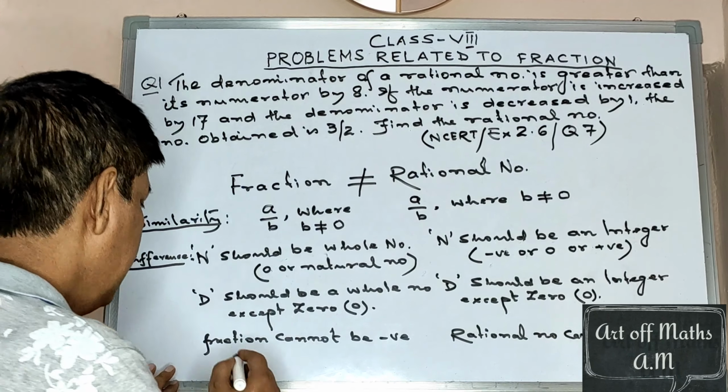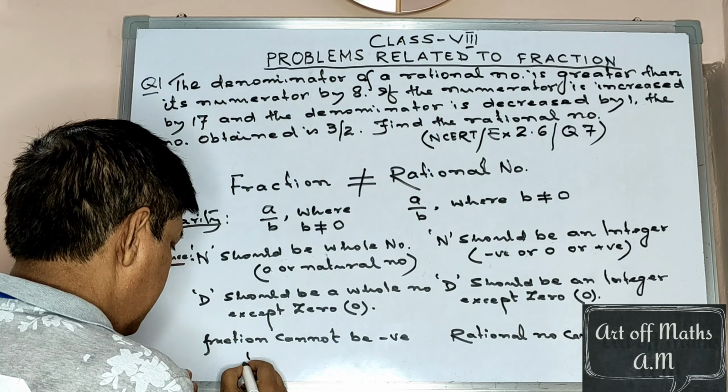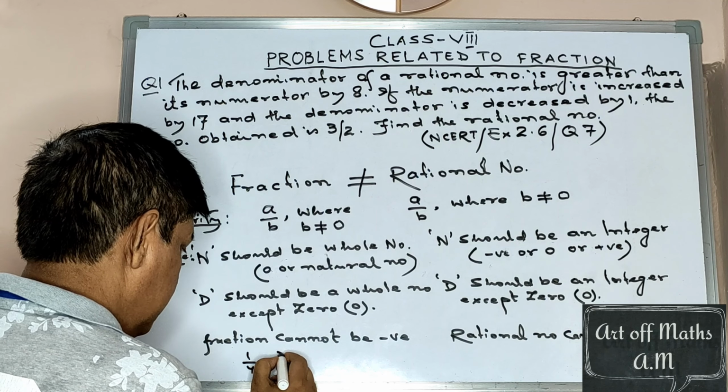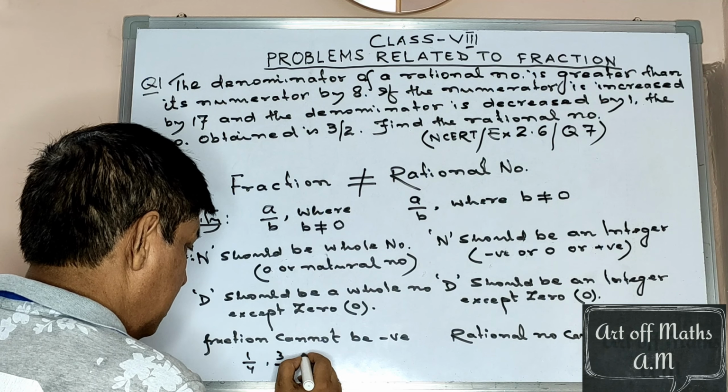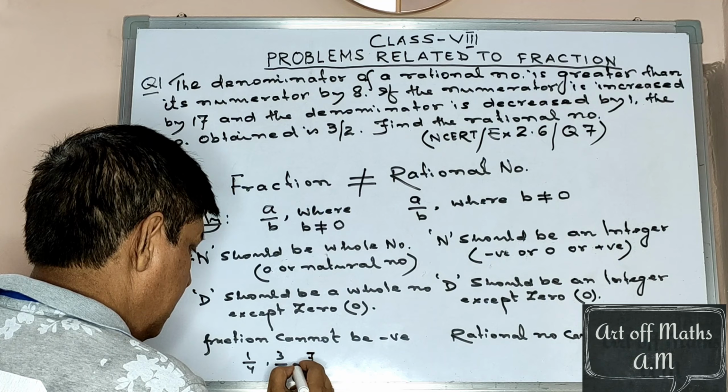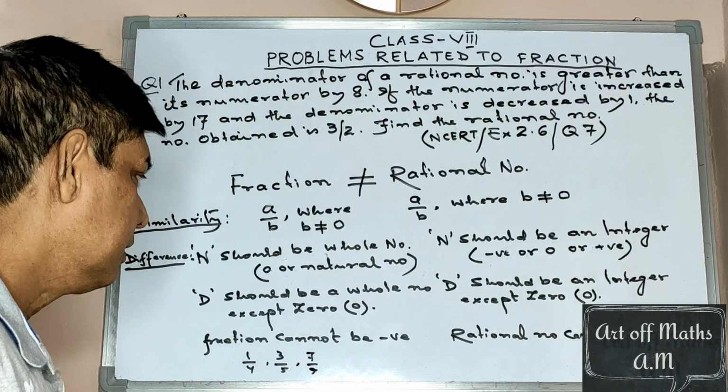That means, example: 1/4, 3/5, 7/9 are all fraction.